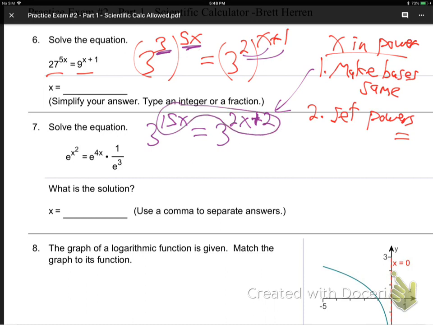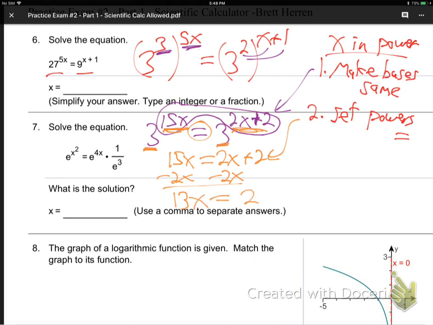So I go, okay, 15x is 2x plus 2. Because if the bases are the same, the powers must also be the same. Otherwise, these things wouldn't be equal. If those powers were different, 3 to one of them wouldn't equal 3 to the other. It's got to be equal powers. So subtract 2x.